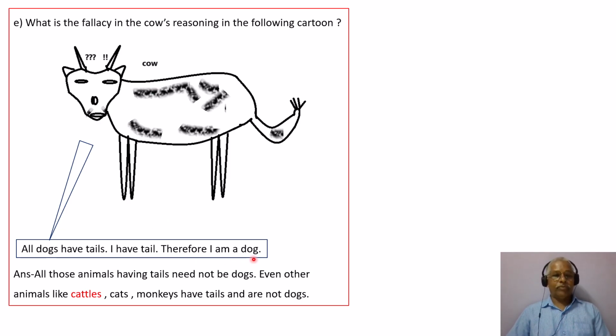Therefore, I am a dog. Now answer: all those animals having tails need not be dogs. Even other animals like cattle, cats, monkeys have tails, and they are not dogs. So that is a fallacy in this cow's reasoning.